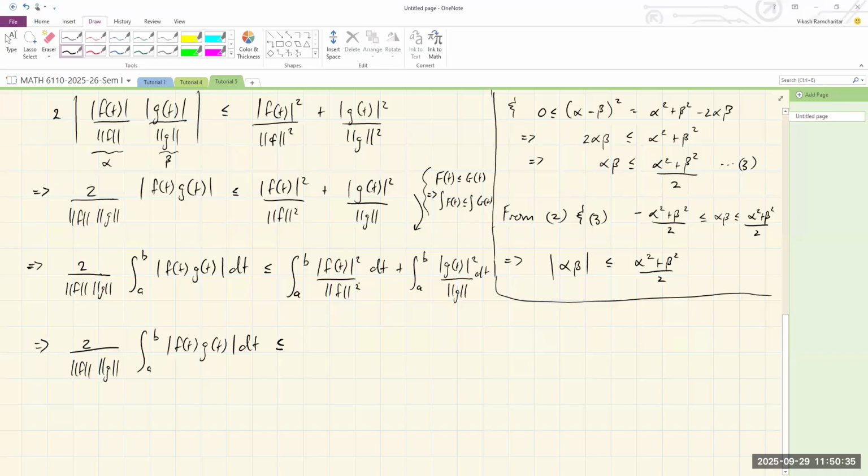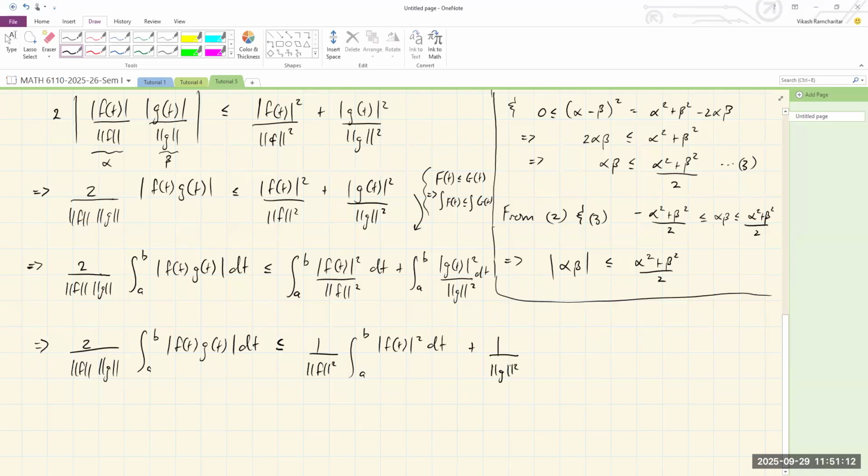Remember that the norm of f squared, this term in the denominator, is just some fixed number. And we could pull numbers out from the integral. So I'm just going to pull that out from inside the integral, and this is just the integral from a to b of this term. I'll do the same with the g's, because the norm of g squared is just some fixed value.